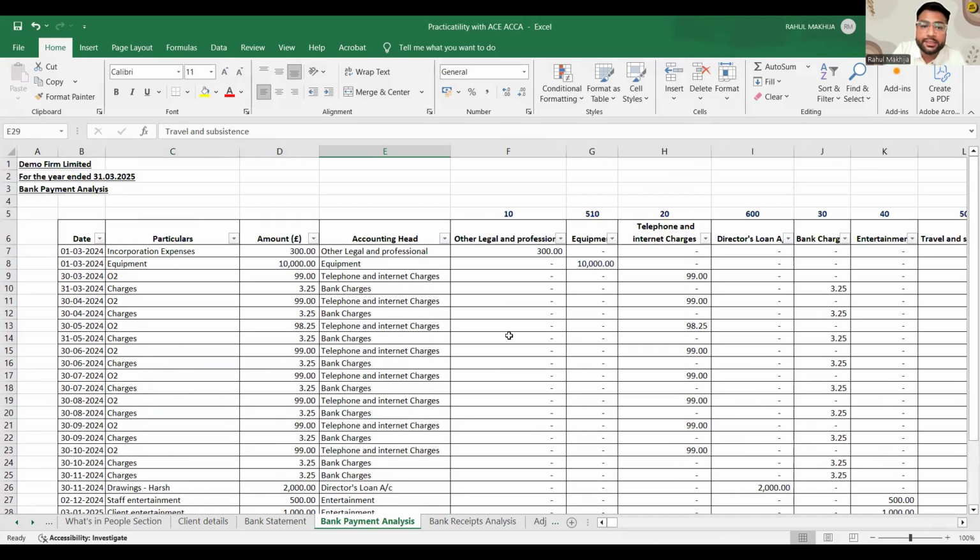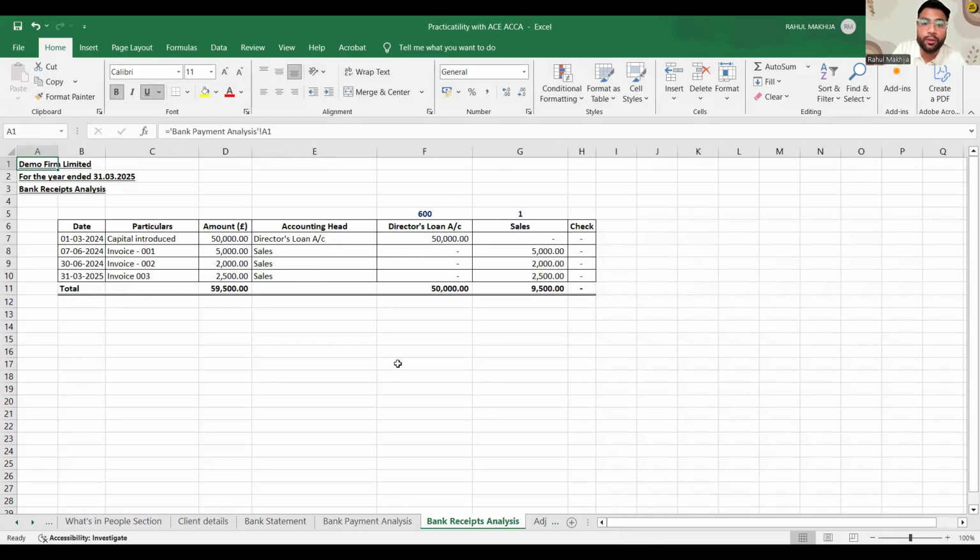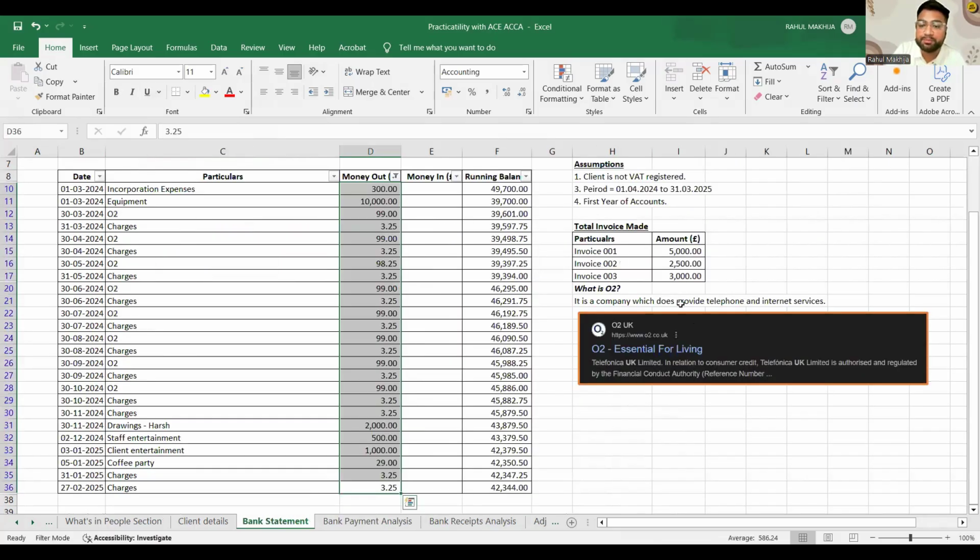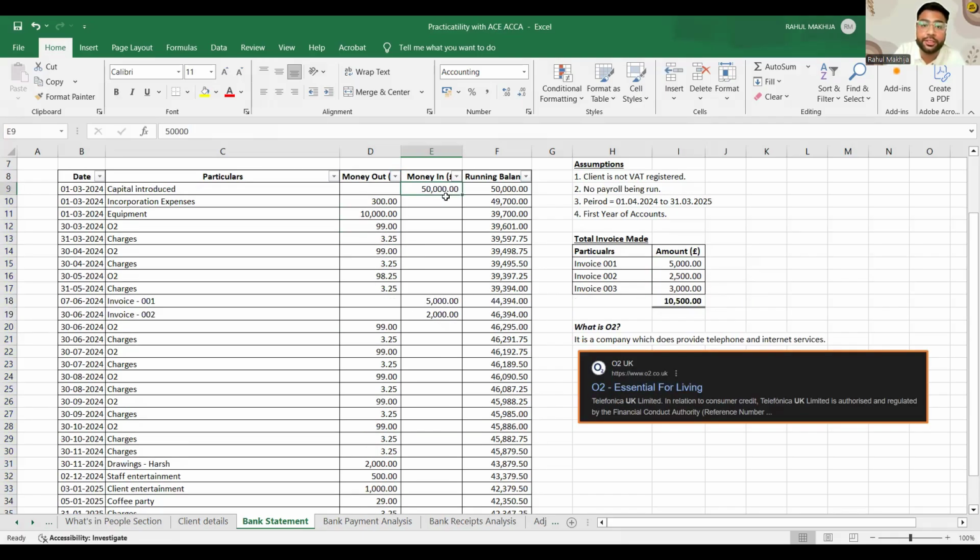After categorizing all the payments, we will move forward to the receipts. In the bank statement, there were invoices mentioned. There are total 3 invoices, meaning 3 sales of total 10,500 pounds. But on the receipt side, firstly there is a capital introduced, which will go to the director's loan account, as directors have introduced all the capital.